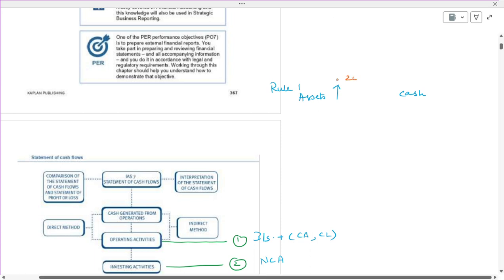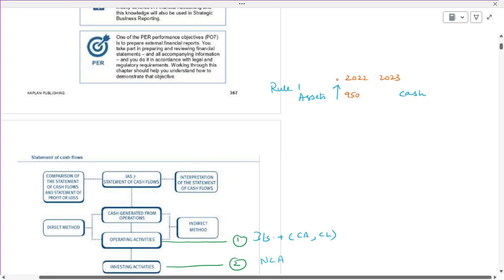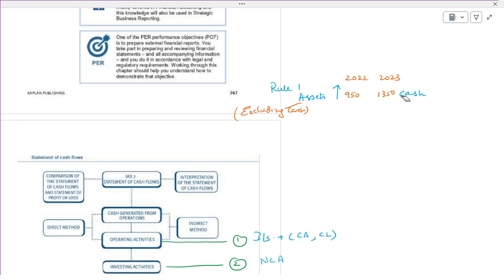Assume the asset in 2022 and 2023, any asset excluding cash, is 950 and the next year it increases to 1350.